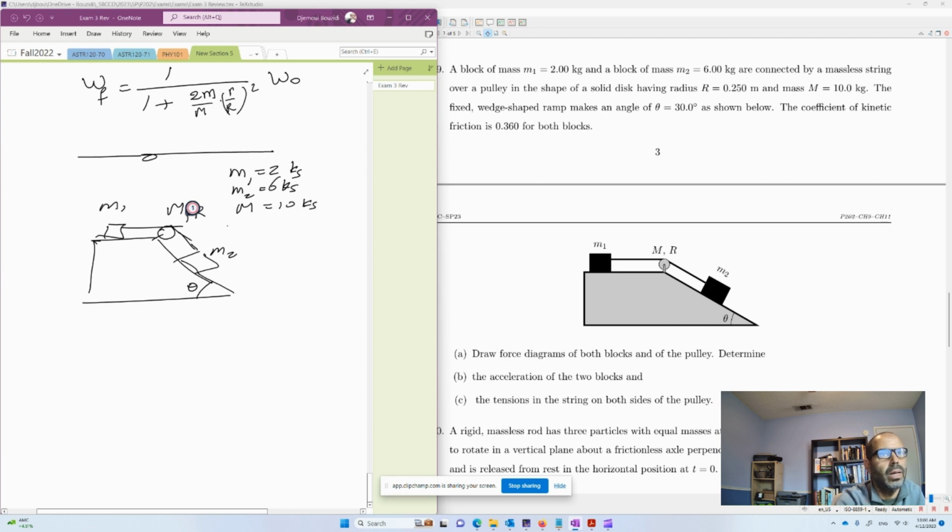That's the pulley. The radius of the pulley R is a quarter of a meter, 25 centimeters. The string is massless, so we're not going to worry about it. The fixed wedge-shaped ramp has theta equal to 30 degrees. We need that. And the coefficient of kinetic friction is equal to 0.36.